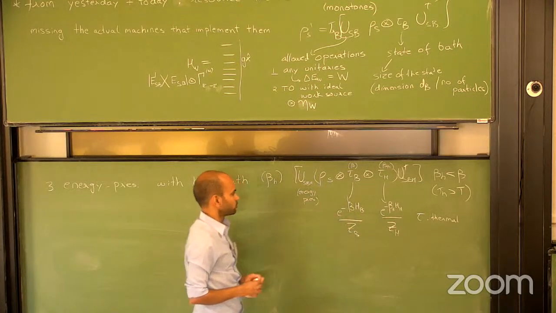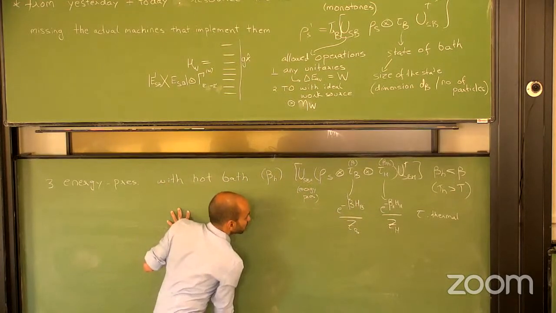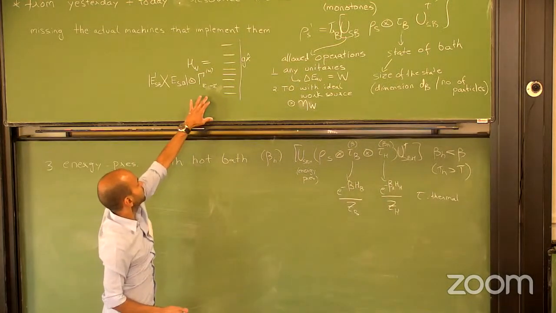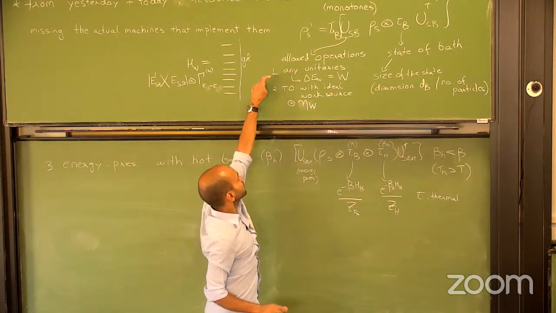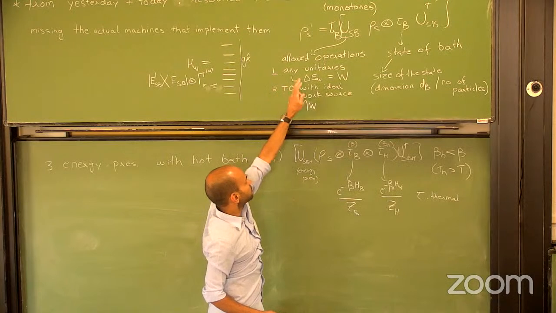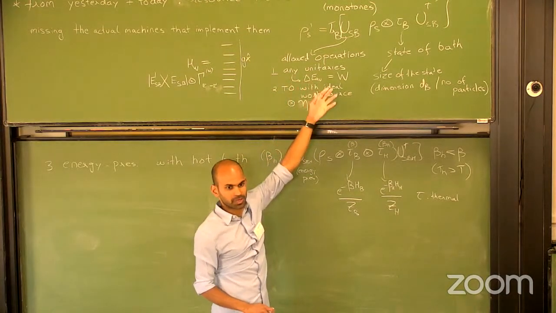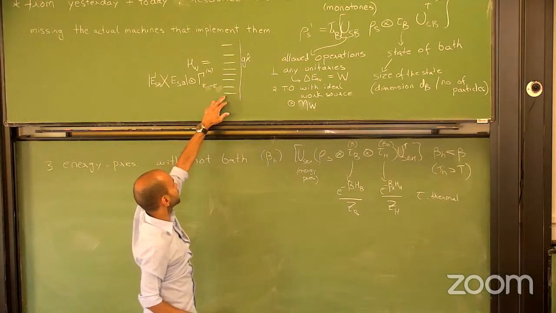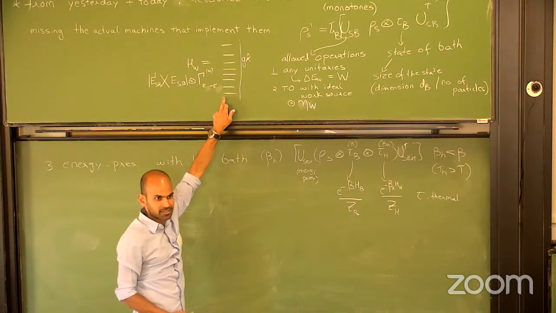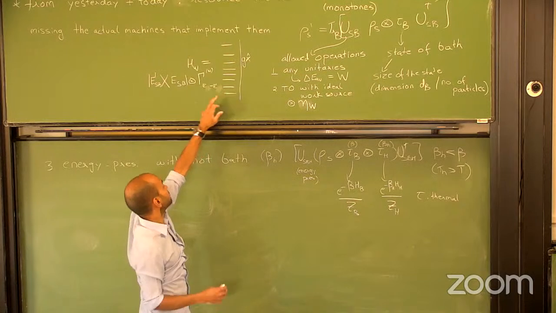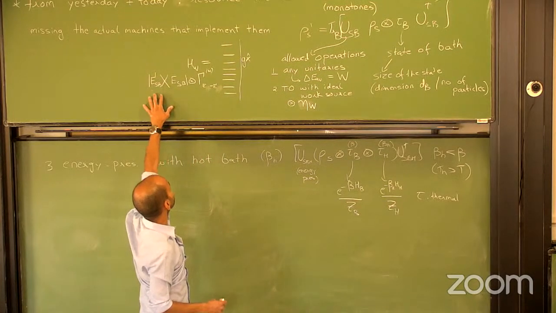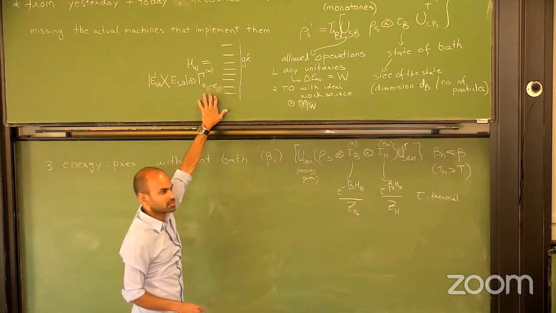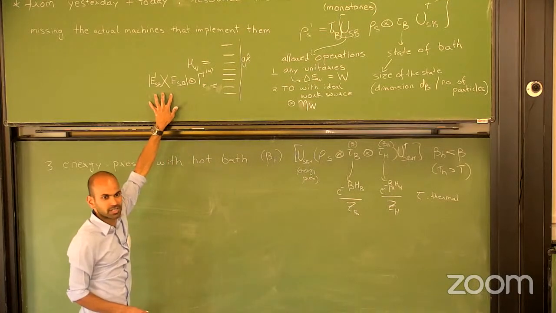I say it's for free because in the first case, whenever we did an arbitrary unitary, we would look at the average energy. That would be our work cost. In the second case, when we introduce an ideal work source, we look at the change in average energy of the ladder. That would be our work cost. But again, because we're doing energy preserving operations on system, bath, and the weight, we can equivalently just look at the average energy change of system and bath, and that's already enough.